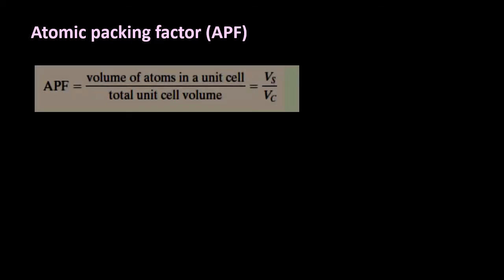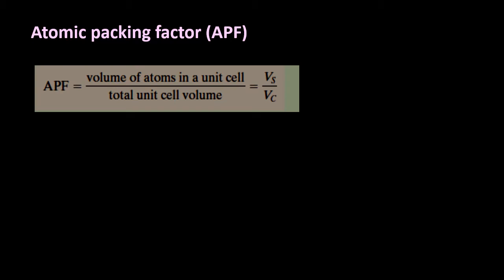We can define it as the fraction of solid sphere volume in a unit cell. That is, it tells us how much volume of the unit cell is occupied by atoms which are in the form of spheres.